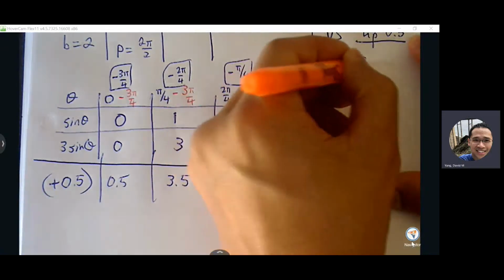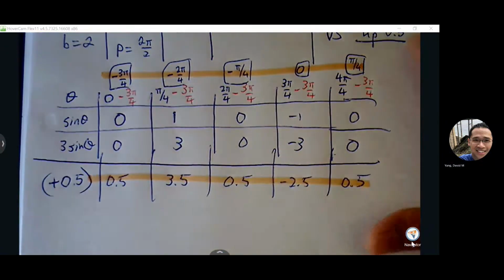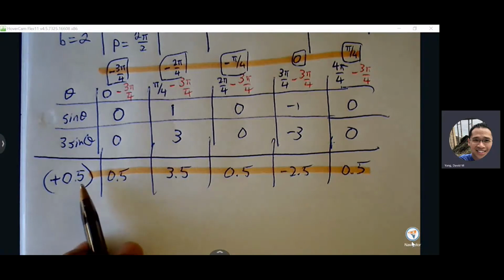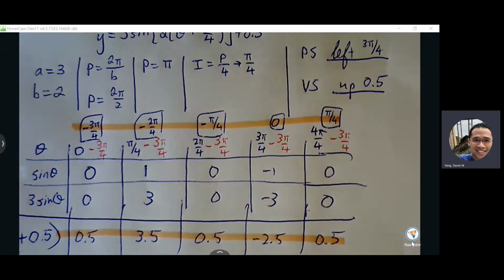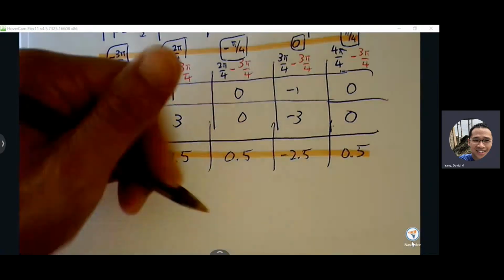Graphing your very top row and your very last row. It's helpful to put that dotted line, we call that the midline at 0.5, kind of centers your graph a little bit. Your graph is going to be centered at 0.5.